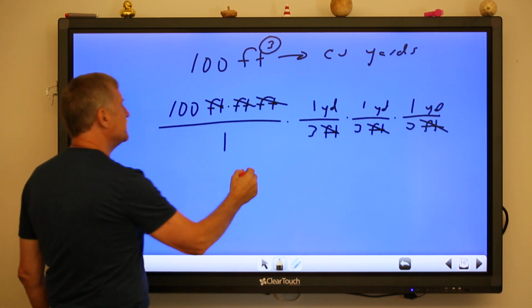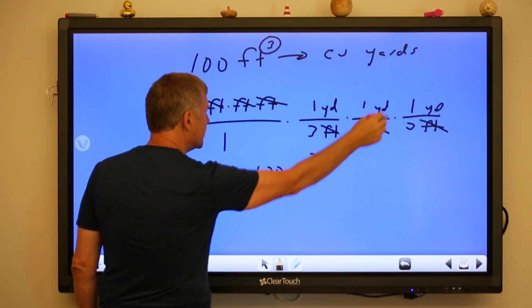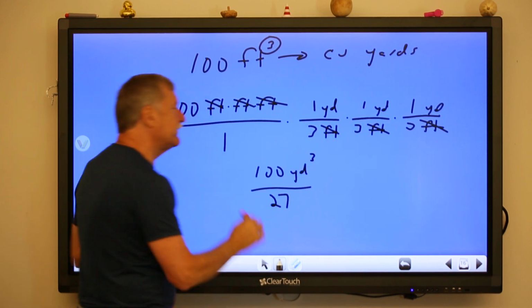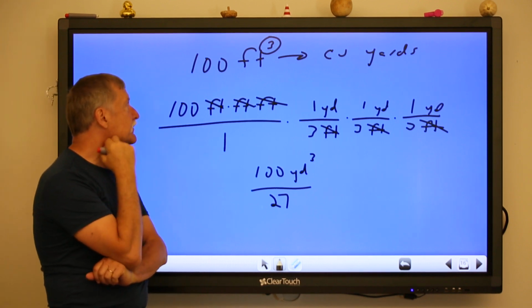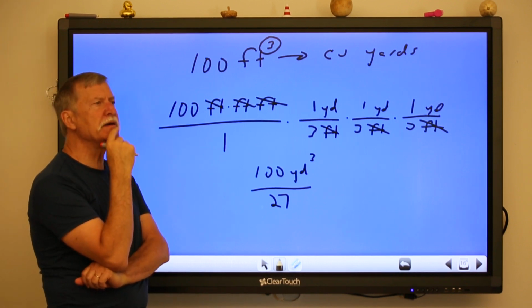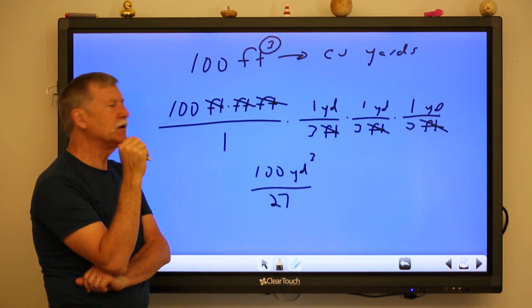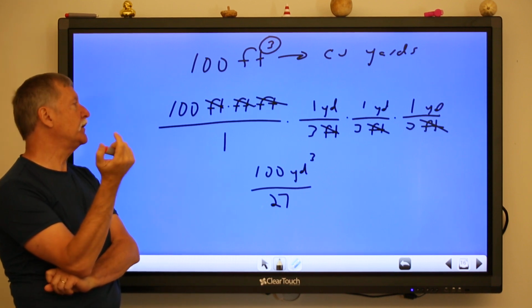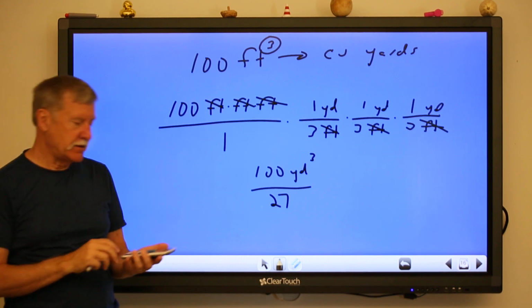Top times the top gives me 100 cubic yards, yards times yards times yards, over 3 times 3 times 3, 27. And the mistake here is thinking that would be 3 times 3, 9 cubic feet in 1 cubic yard. No, there's 27 cubic feet in 1 cubic yard. So I've got to do 100 divided by 27, all right?